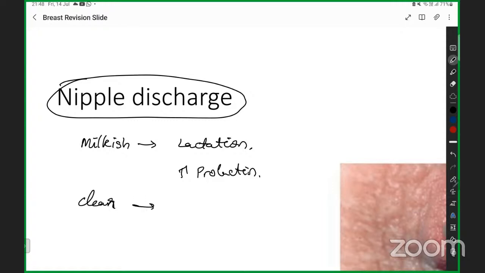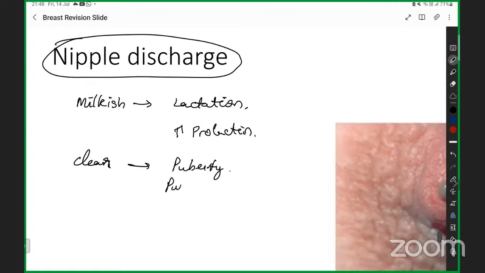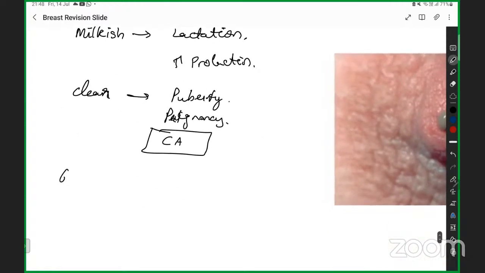What are the causes of clear discharge? Remember puberty, pregnancy, and cancer. Then greenish discharge: you will find ductectasia.